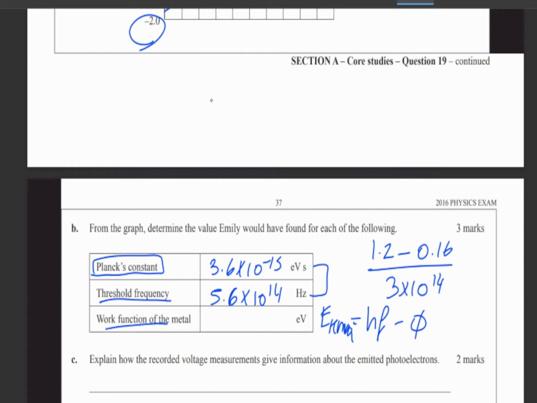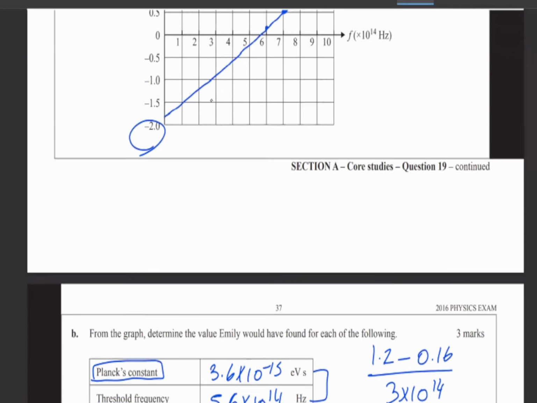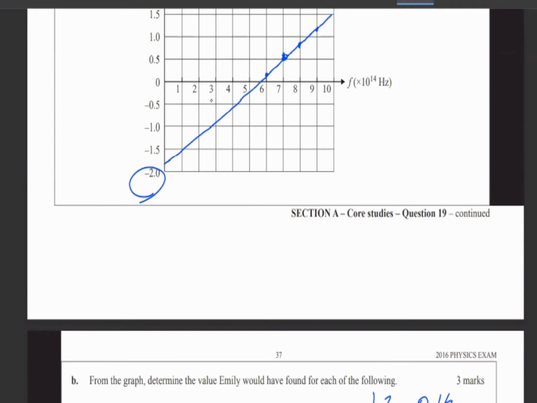So when it's 0, this is going to equal hf0. So you can just times these two and you should get something around 2 volts. My graph is a bit off. It should be like that.